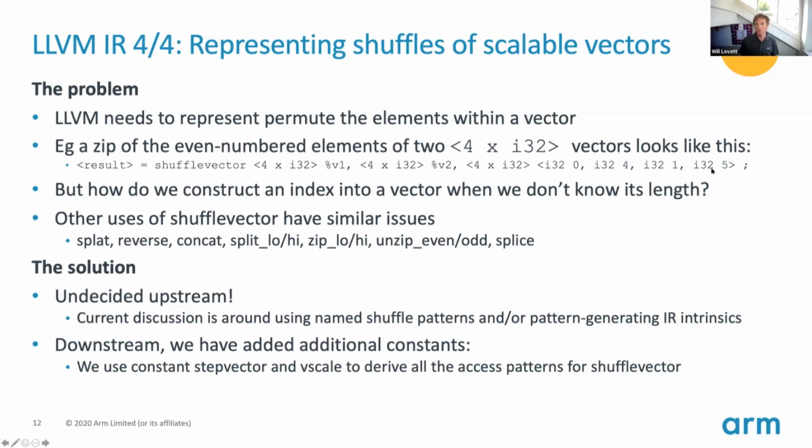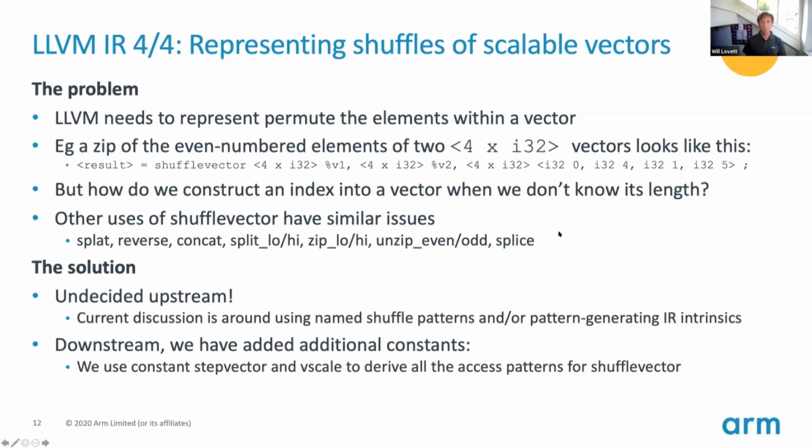So as it happens, this pattern here of which lanes you want to access represents a zip low. So it takes the low even numbered elements of the 2 vectors and interleaves them.